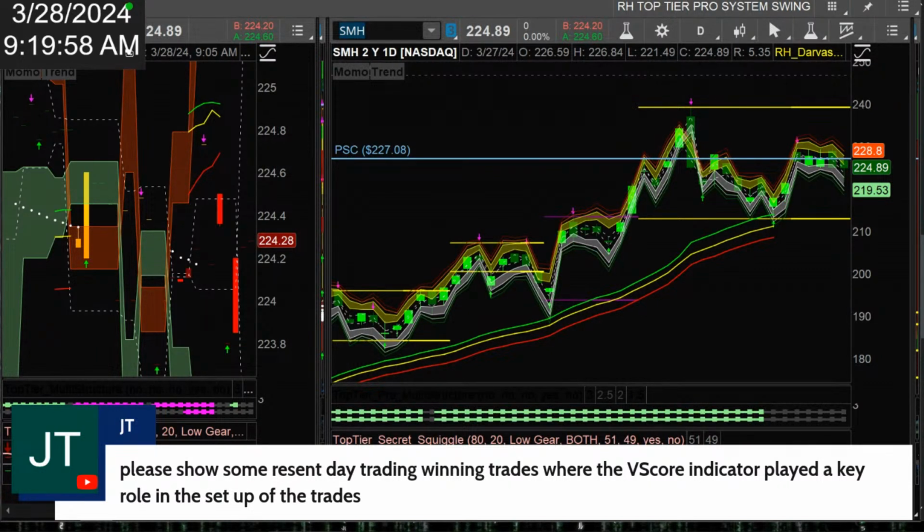But the cool thing about the V-score, and thank you for asking about it, is that it's going to give me a decoded view of volume and support and resistance via volume. So if I link up V-score support and resistance to, say, the daily price movement range, it's a great hand in glove fit.